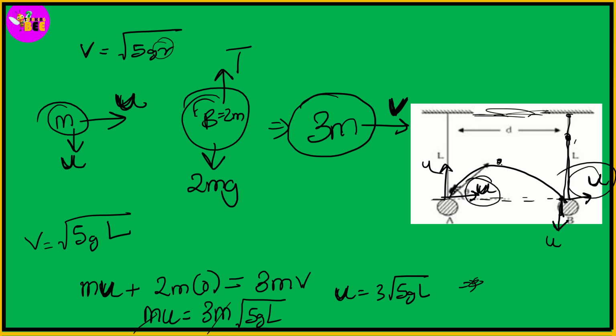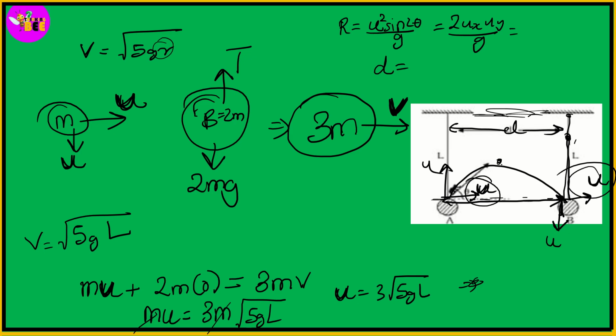Now, we know that the monkey goes in a projectile motion from point A to point B, and the range, the distance between them, is given by d. Now, using the range formula, which is u square sine 2 theta by g, which can also be written as 2 ux uy by g, we get the range, which is basically d in this case, as 2u square by g.